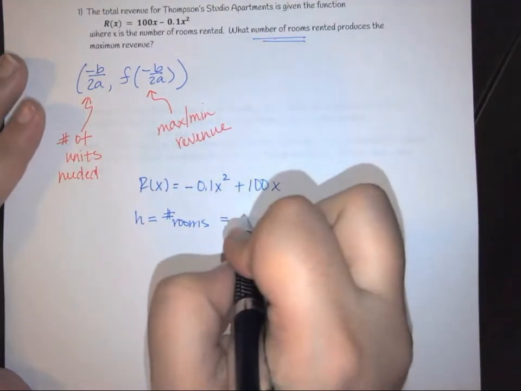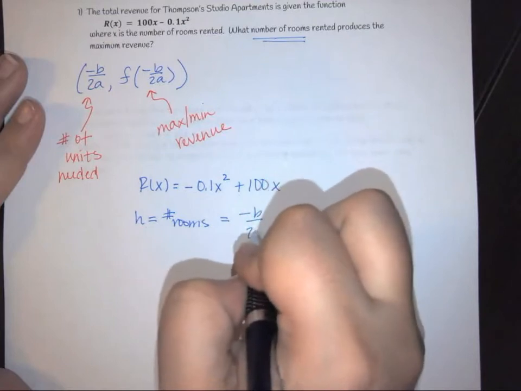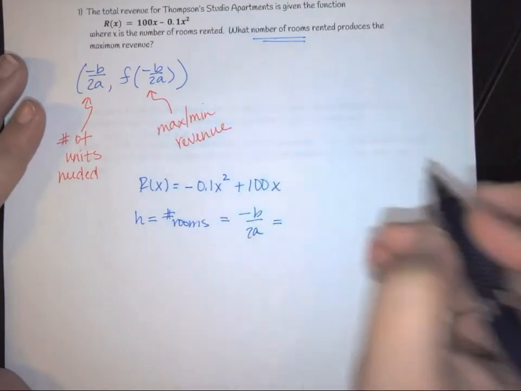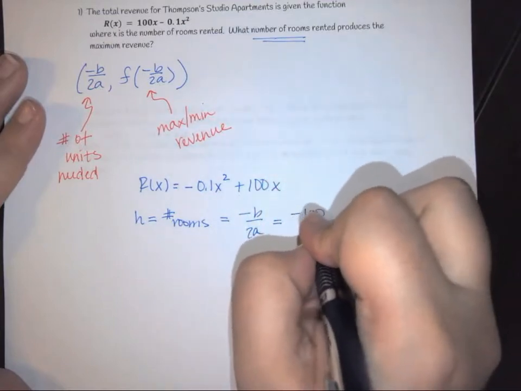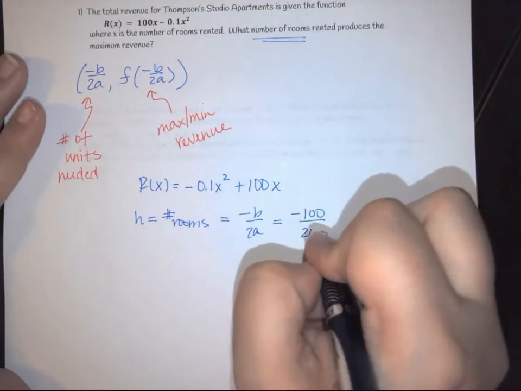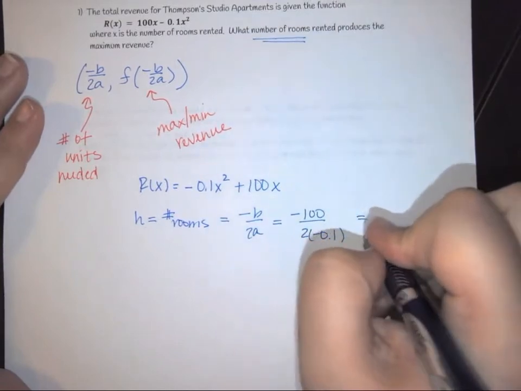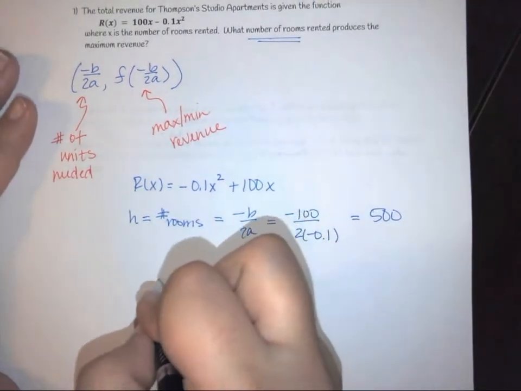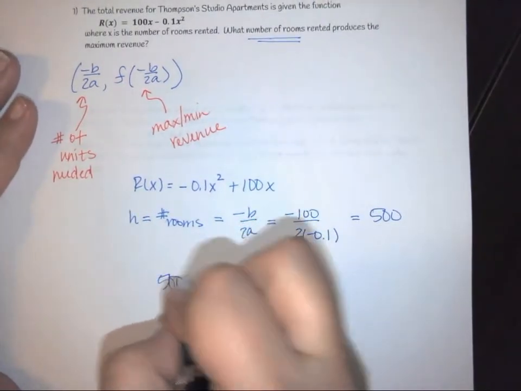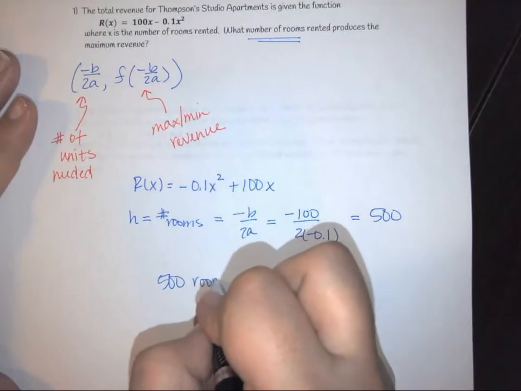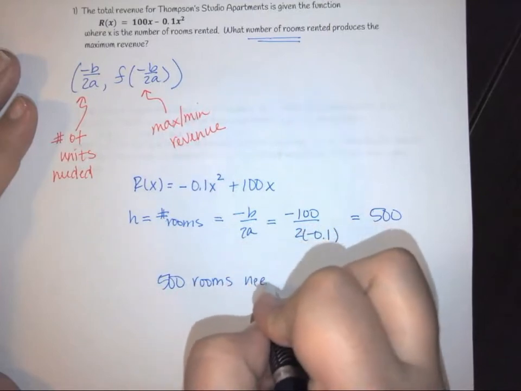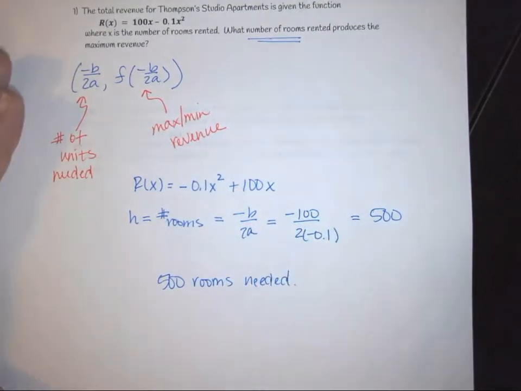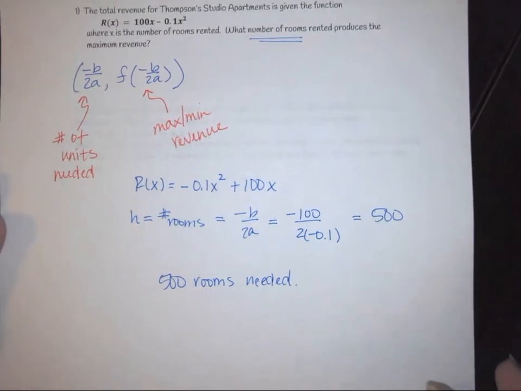So this is going to be negative b over 2a. In this case, negative 100 over 2 times negative 0.1, which gives you 500 as an answer. So here we are looking at 500 rooms needed. And that's it.